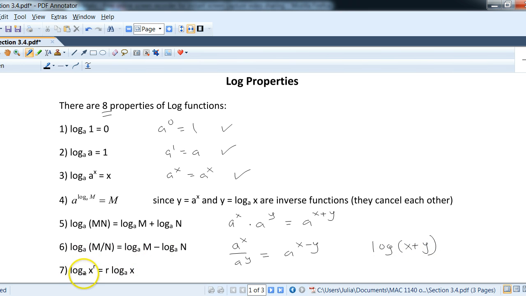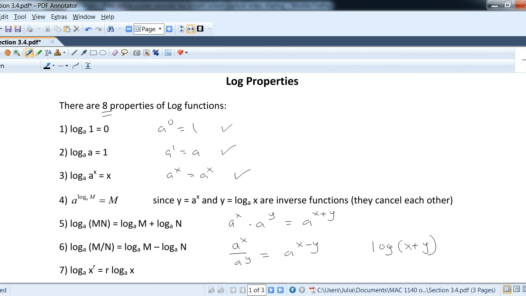And here is one more property, which is log base a. This doesn't have to be the same base, but for example, any value that has another exponent, for example, x to the exponent r, that exponent can actually come down in front of the logarithm, so it becomes r times log base a of x.